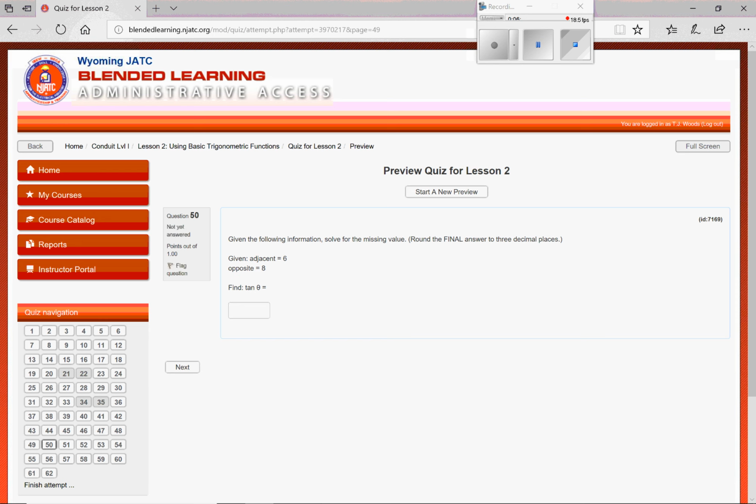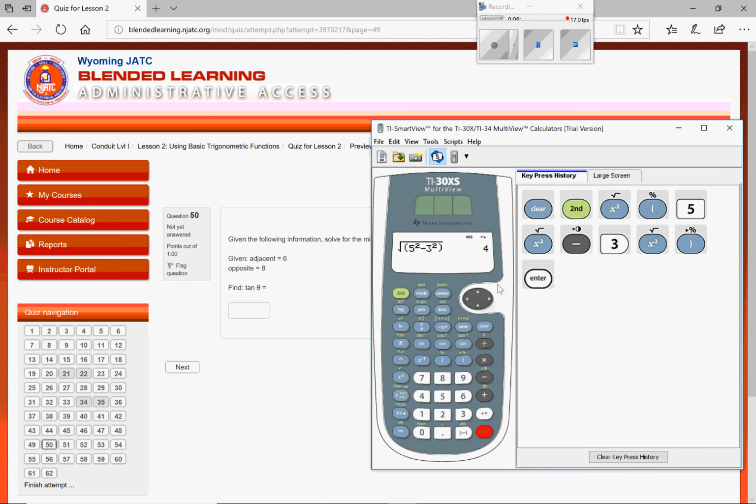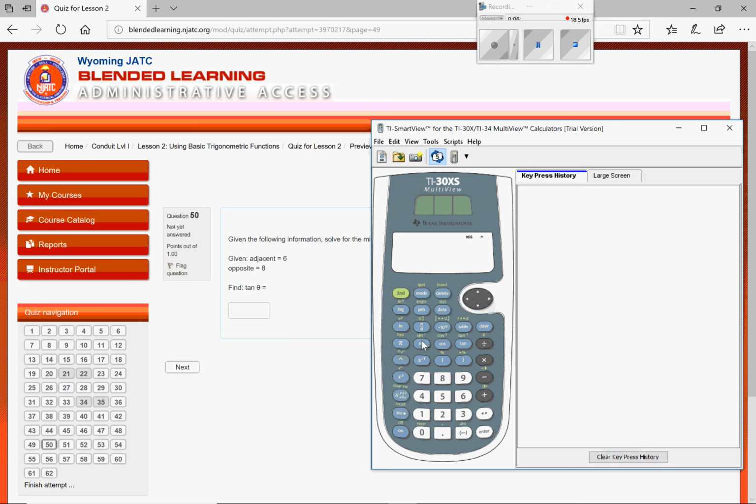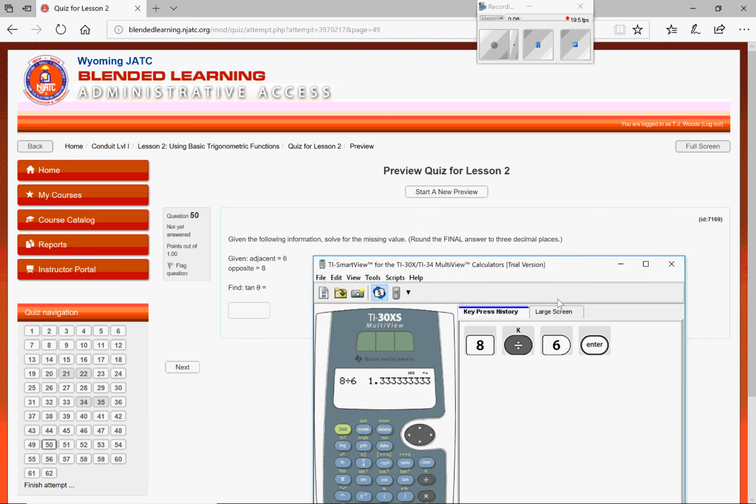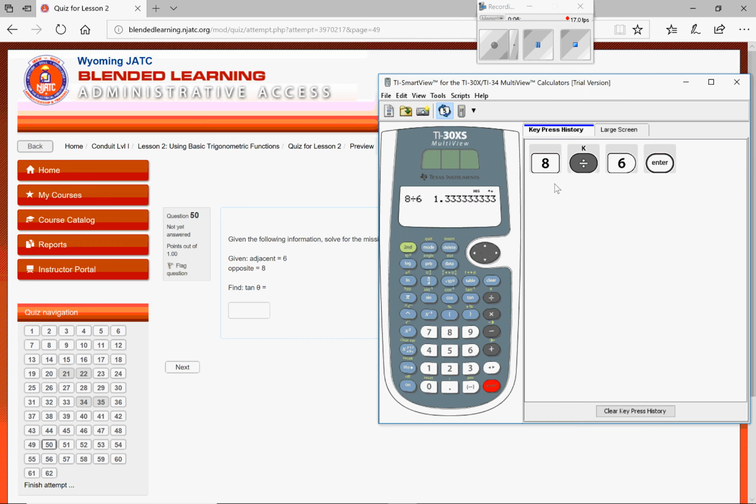My opposite is 8, my adjacent is 6. So that's going to be 8 divided by 6. I may say to go 3 decimal places, so I'm going to say 1.333.